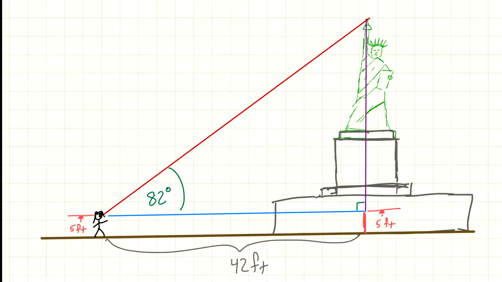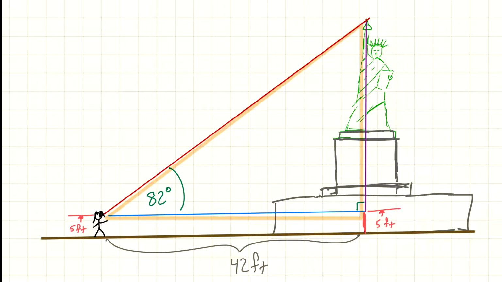So since we have a right triangle in here, let's set up our problem like we normally would. Now I'm going to add some variables to this situation.